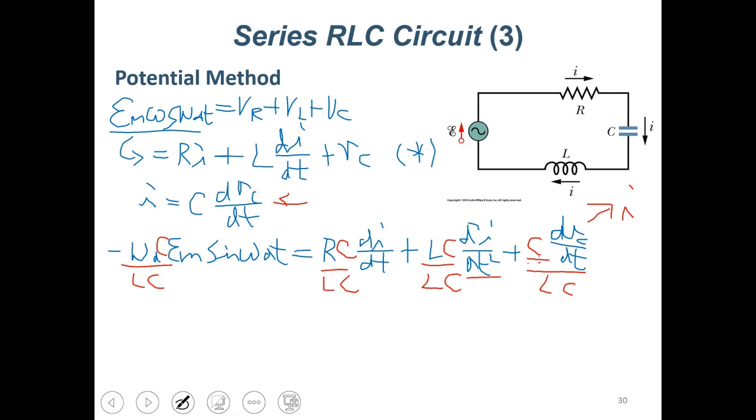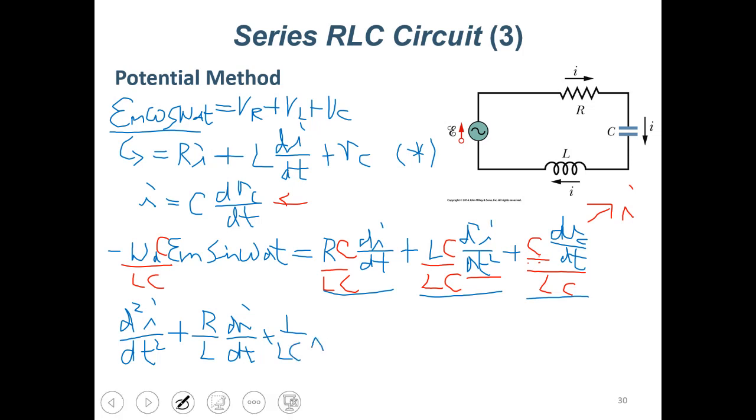So that finally we will get the second derivative of i plus this term R over L di/dt, and then 1 over LC i equals minus omega d Em over L sine omega d t, something like this.